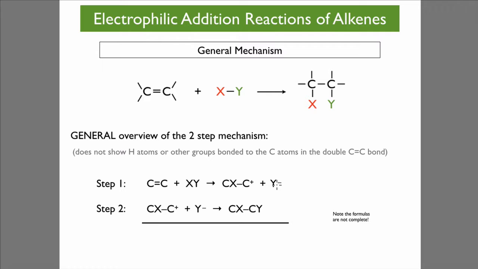Step 2, the remaining negative ion then adds to the positive complex. If we want to add these two steps together, we can cancel out what's the same, and you get your overall reaction.